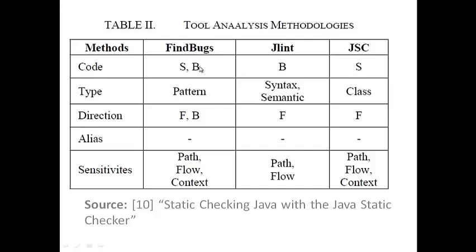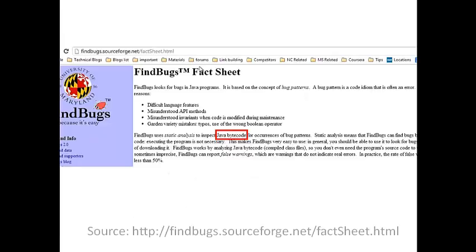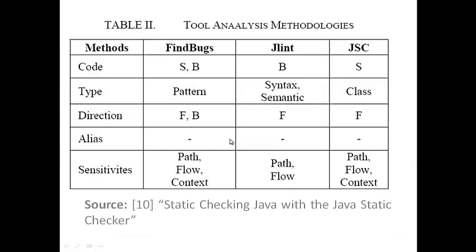So code, this talks about the code that is analyzed. It is said in this paper that FindBugs does both source code and binary code analysis. However, my verification on the official website for FindBugs shows that FindBugs is completely based on bytecode analysis, while JLint is based on bytecode analysis and JSC is based on source code analysis.